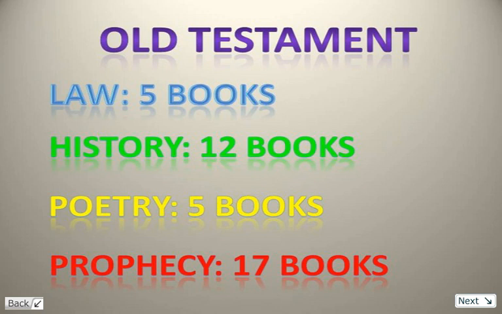The last division is prophecy. 17 books of prophecy. You have the major prophets and the minor prophets that make up this section of prophecy. So remember, it's divided up topically into these 4 divisions: law, history, poetry, and prophecy.